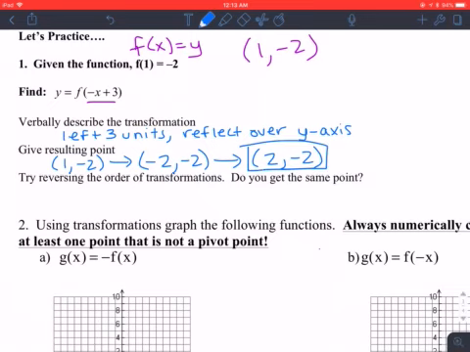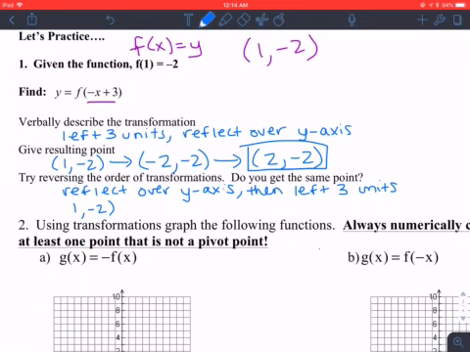So we'll try reversing the order of transformations. Let's try reflecting first, and then we'll go left 3. So I'll take that point 1, negative 2, reflect over the y-axis, so we'll make my x from a positive 1 to a negative 1.